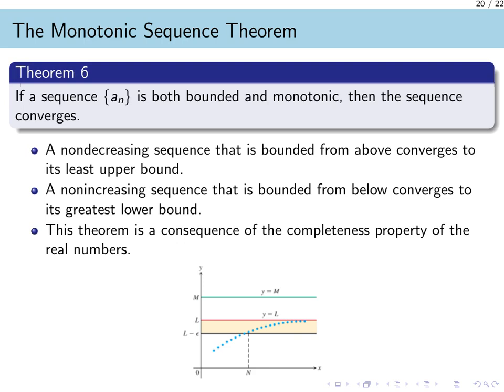For example, the sequence 1/2, 2/3, 3/4, and so on is non-decreasing and is always less than 1. The theorem guarantees it converges to its least upper bound, which is 1. In short, a monotonic sequence that is trapped by a bound must settle on a specific limiting value.